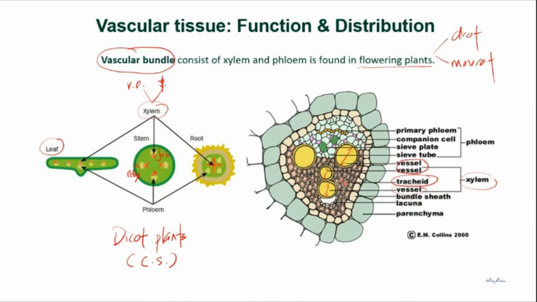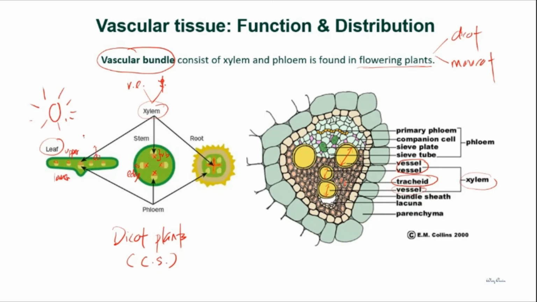Tetapi bila dia masuk ke shoot part, right? Shoot part, kita nampak ya xylem tissue ni dia akan menghadap ke upper surface of the leaf. Okay, upper surface of the leaf. Sebab kita tahu upper surface of the leaf always faces toward the sunshine. Dia menghadap kepada matahari.